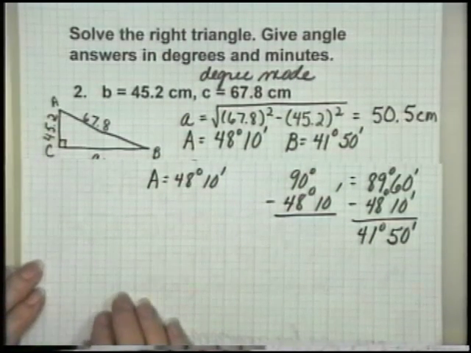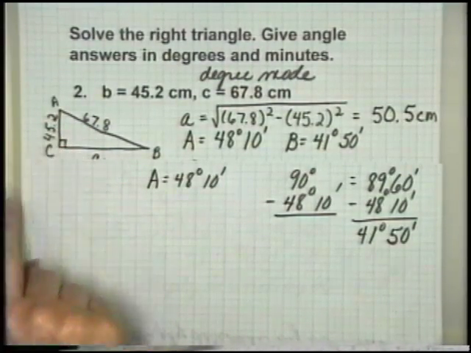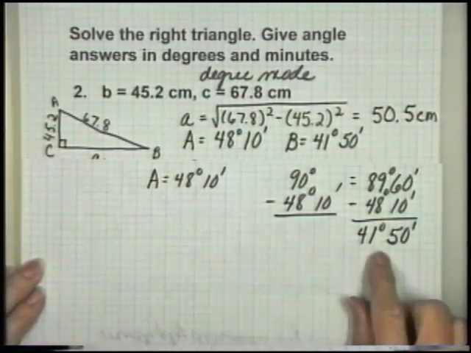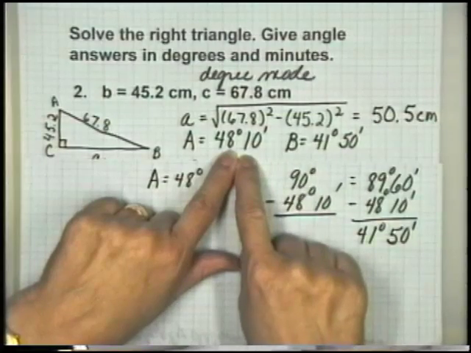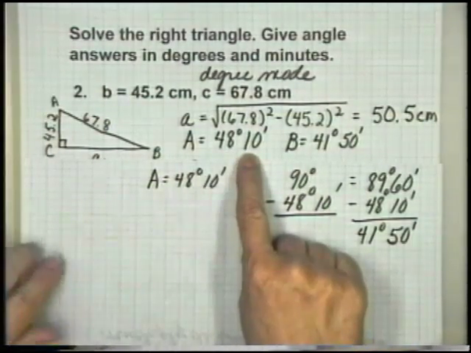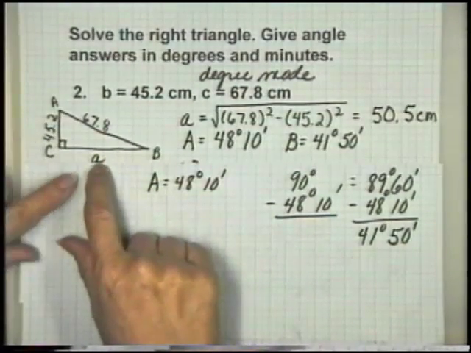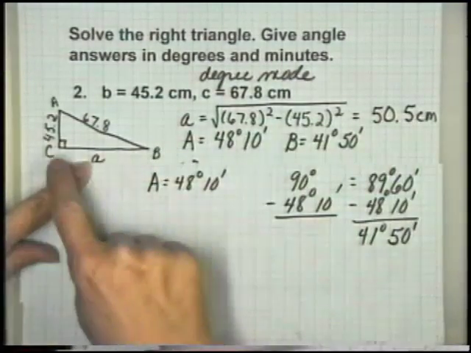Notice, is the longest side across from the largest angle? Well, what was the longest side? 67.8, and sure enough, it's across from angle C. Well, let's see, which of the acute angles is larger? Well, angle A. So the side across from angle A should be longer than the side across from angle B. Let's see, what is the side across from angle A?